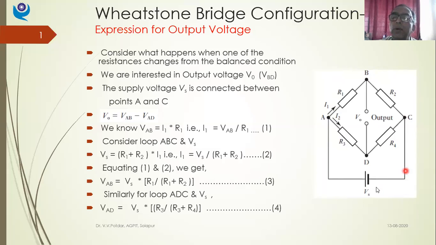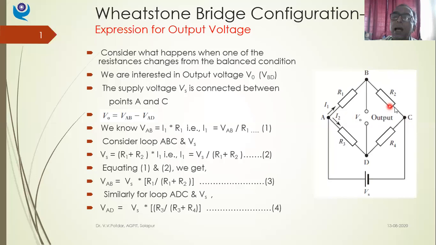Kirchhoff's voltage law says the total potential drop across the circuit, Vs, will be equal to the individual potential drops. Now what are the components in the circuit? Vs is there, R1 is there and R2 is there. So Vs will be equal to I1 into R1 plus the same I1 into R2.